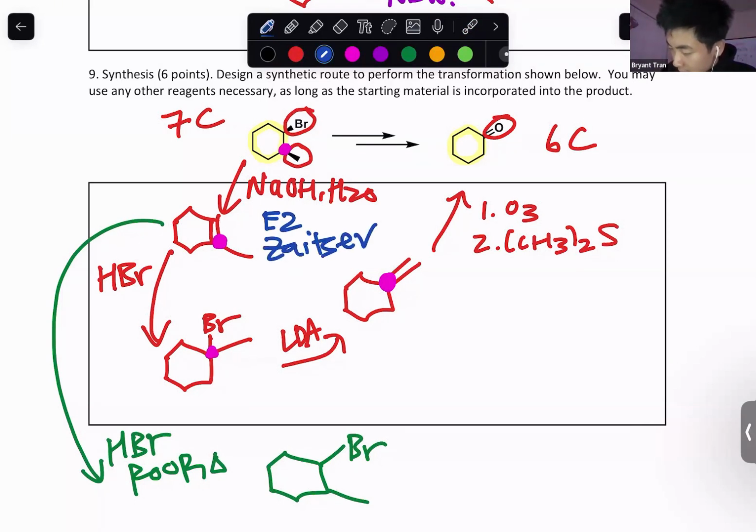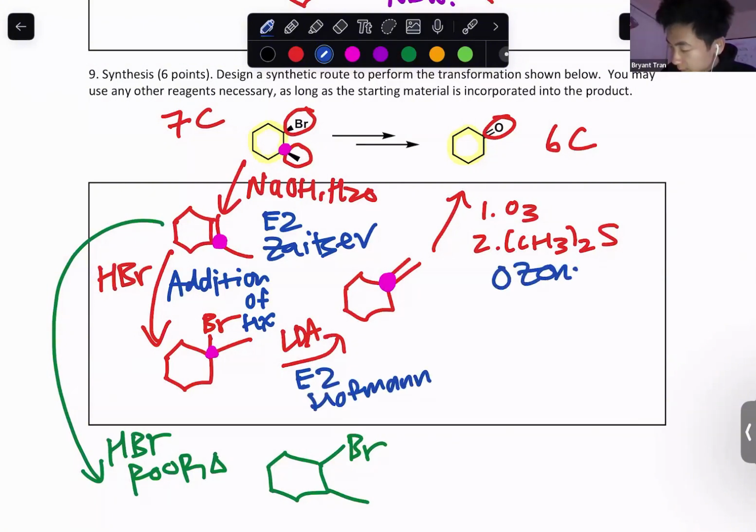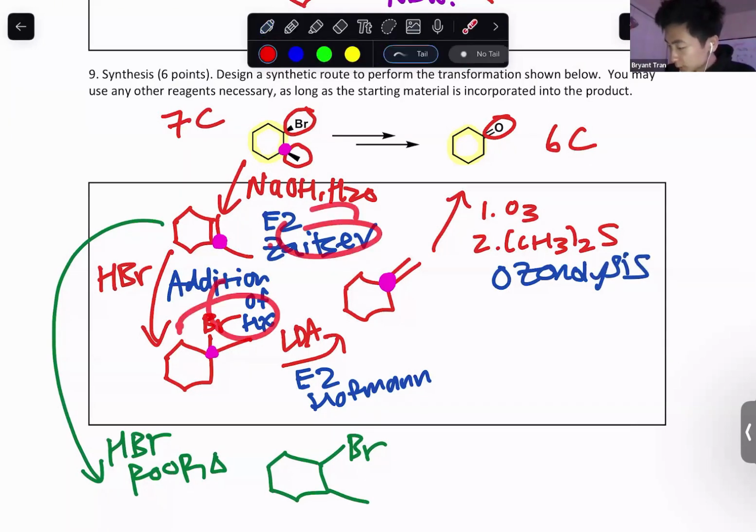Second reaction we did addition of HX or hydrohalogenation. Third reaction, E2 Hoffman. And then the final step, ozonolysis. 1, 2, 3, 4. 4 reactions.